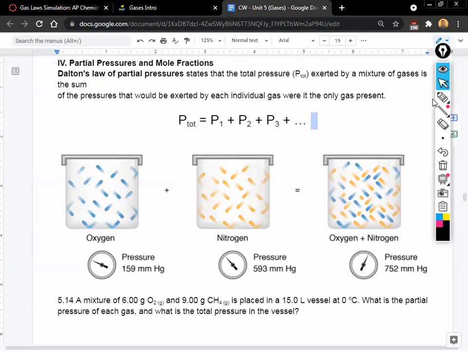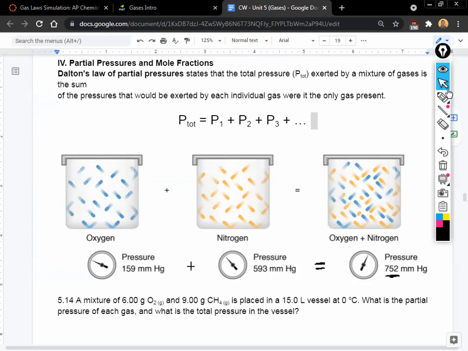But basically what this is telling us is that if oxygen has a certain pressure and nitrogen has a certain pressure, and you mix those two gases together, their pressure is going to be the total or the sum of the combined gases. So if oxygen is 159, nitrogen is 593, the total pressure when you mix them together is going to be 752. Okay? And that's pretty much it.